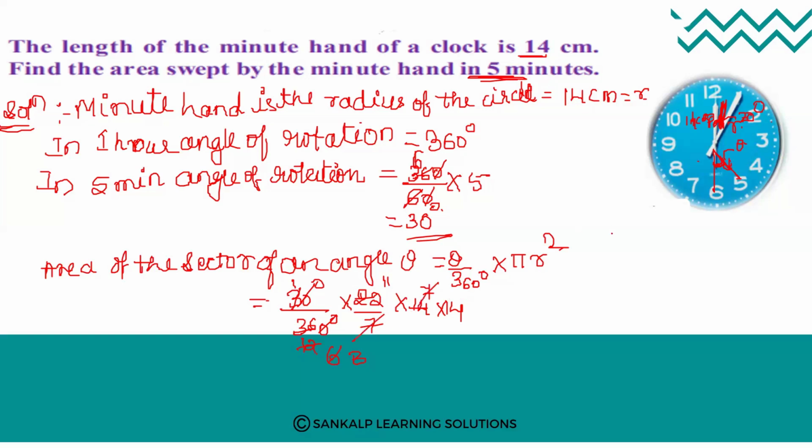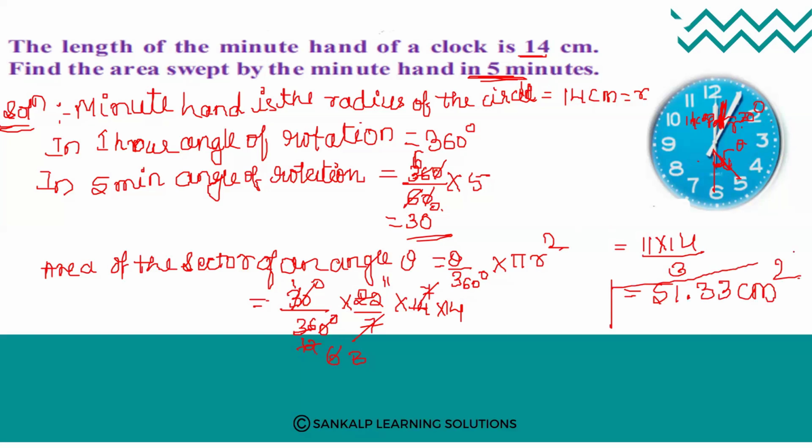So 11 into 14 divided by 3, which is 51.33 centimeter square. You will get.